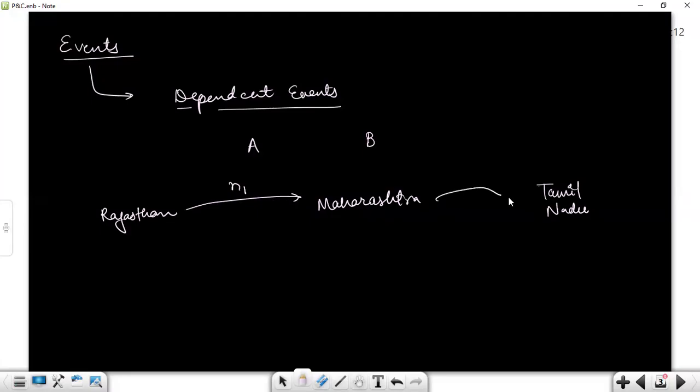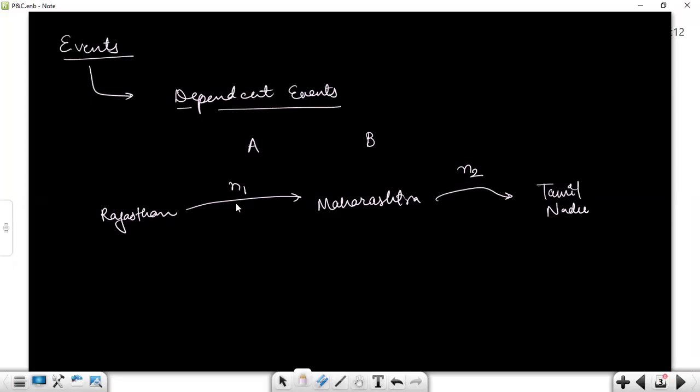From Maharashtra to Tamil Nadu, there are n2 number of flights. Let's say there are no direct flights between Rajasthan and Tamil Nadu. So for the event A, reaching Maharashtra from Rajasthan, there are n1 number of ways, and for reaching Tamil Nadu from Maharashtra, there are n2 number of ways.